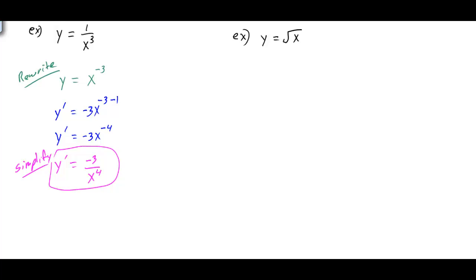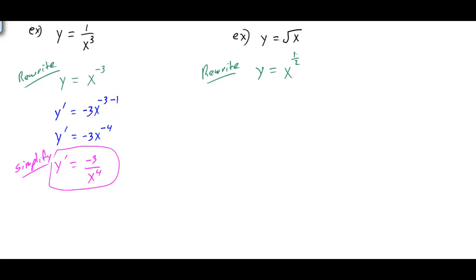All right, we're going to do something similar with the example here on the right, y equals the square root of x. If you want to, you can pause the video and see if you can come up with a way to calculate the derivative, and then continue. Y equals the square root of x. Well, if we want to find the derivative, again, we're first going to rewrite the problem. And if you recall, we can rewrite the square root as x to the 1/2.